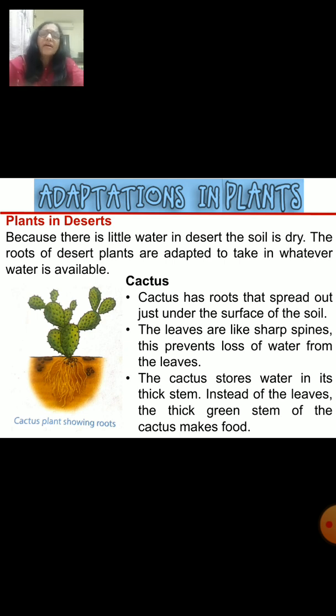The leaves are in the form of sharp spines to prevent the loss of water, and the stem, which is thick and fleshy, stores the water. The stems are also green, so they do photosynthesis and make the food for the cactus. So these are the adaptations of the cactus.